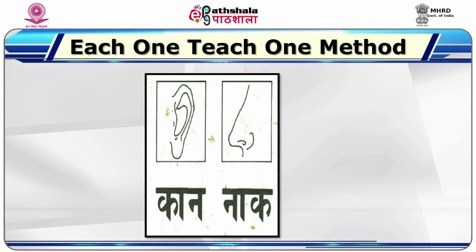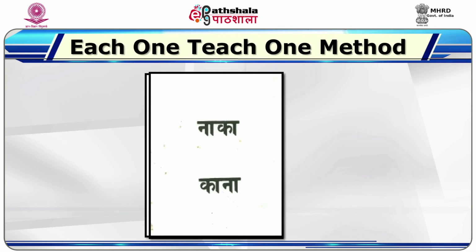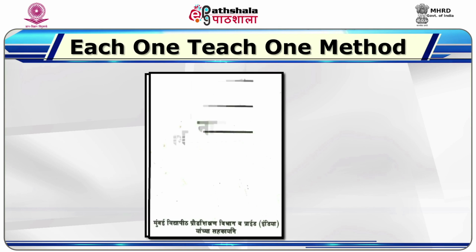For example, names of various parts of the human body and words related to them are utilized for teaching the alphabet. A set of cards containing the illustrations and concerned words are used by the instructor along with the primer. This material was developed by the Mass Program for Functional Literacy Unit of University of Mumbai.